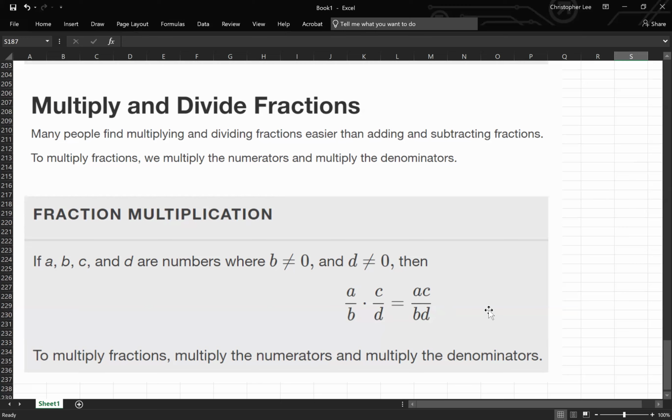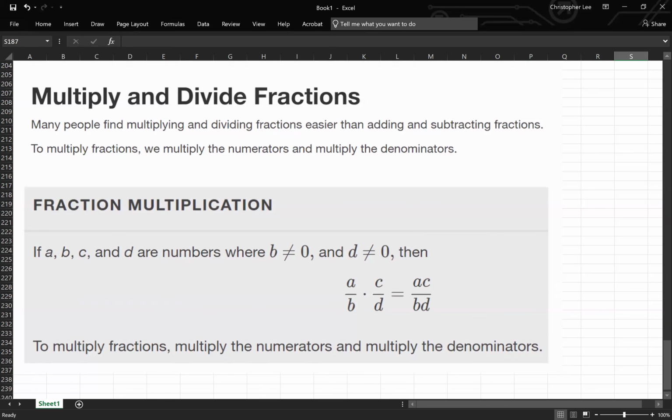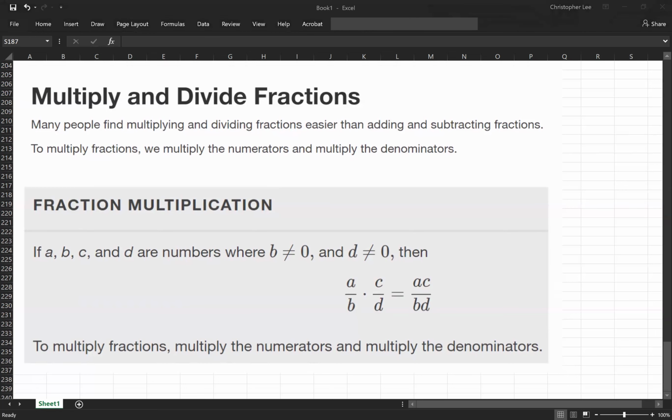Numerator with numerator and denominator with denominator. That's it, right? So to multiply fractions, multiply the numerators, and multiply the denominators. All right? Simple, simple, simple. I just need to make a special note real quick before we jump into an example.